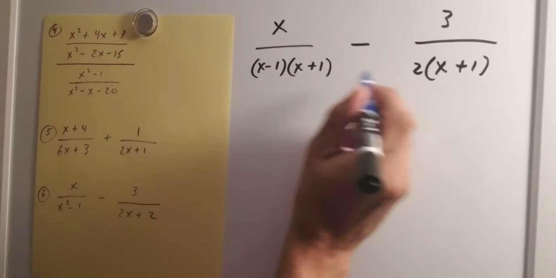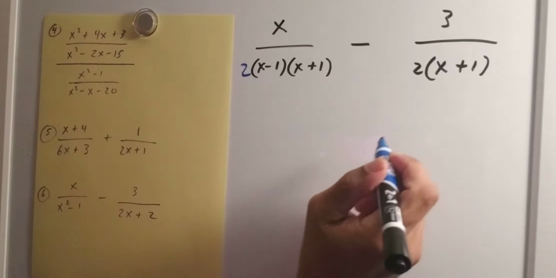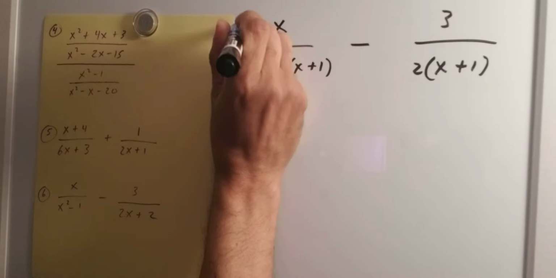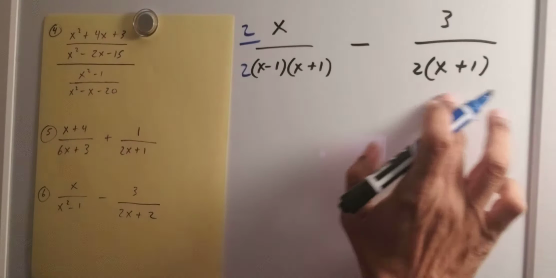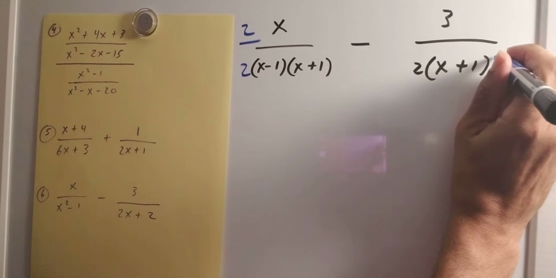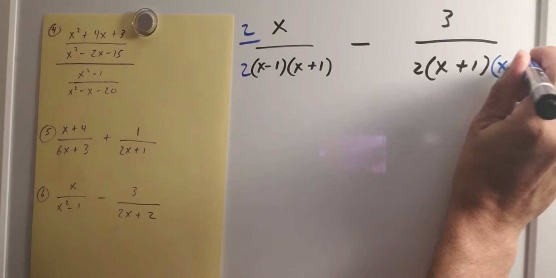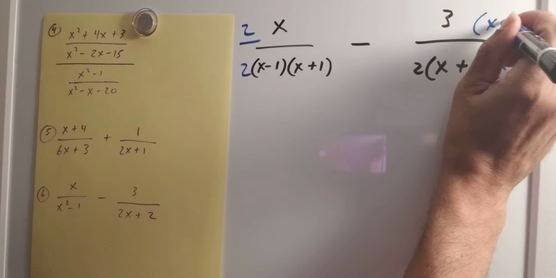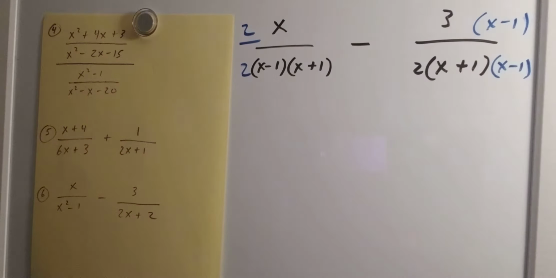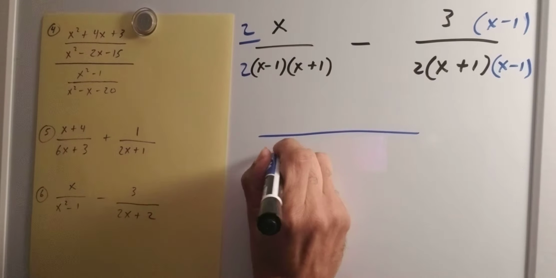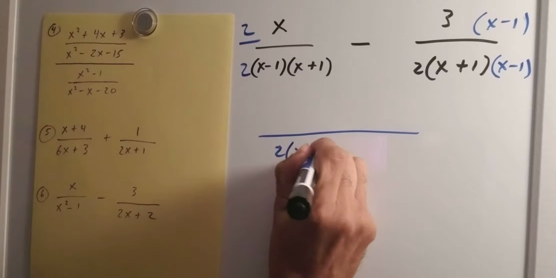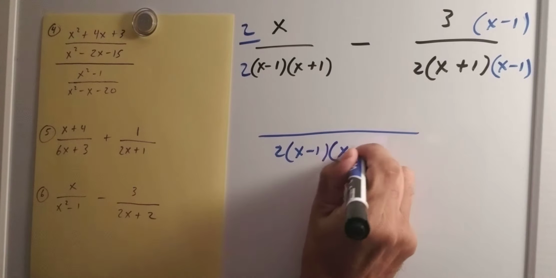This denominator is missing the 2. We'll multiply numerator and denominator by 2. Now this denominator is missing the x minus 1. Multiply denominator and numerator by x minus 1. Common denominator is now 2 times x minus 1 times x plus 1.